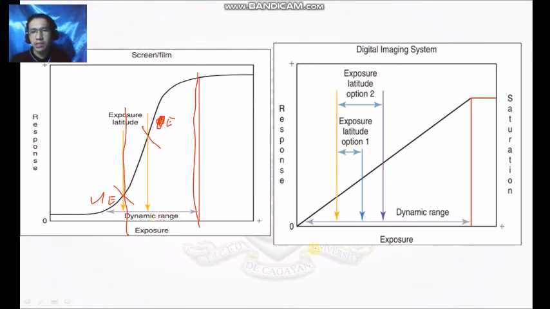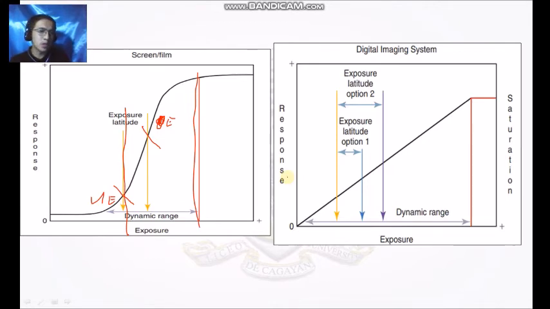So that means even if we incorrectly use a very low exposure technique or a very high exposure technique, the rad tech would still produce an adequate amount of contrast and density on the radiograph that could still be acceptable to the radiologist.